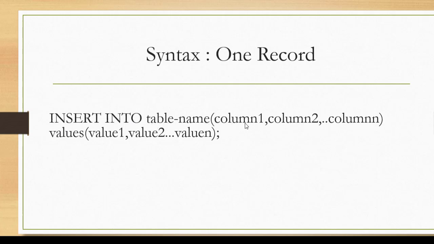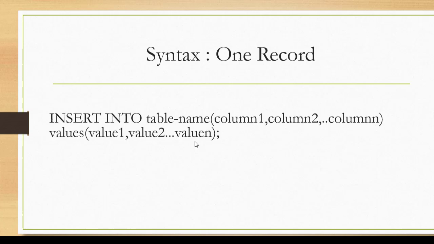This table contains n columns, column 1, column 2 and so on up to column n. For each column we provide a value, value 1, value 2 and so on, value n. So with this syntax, at a time we can insert one record into a table.